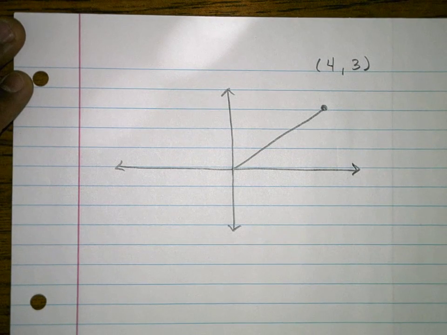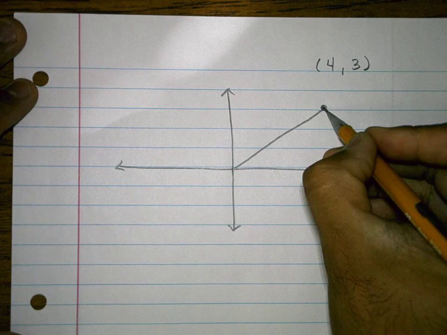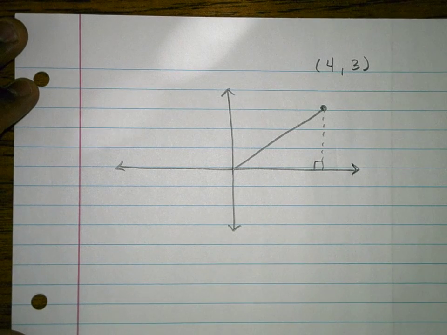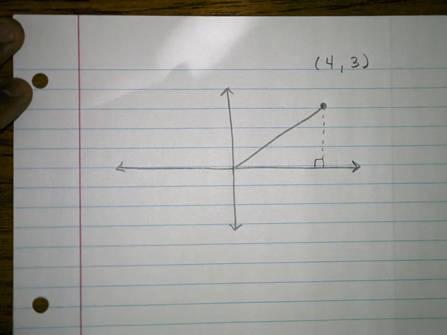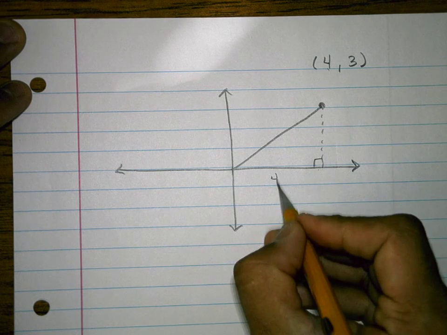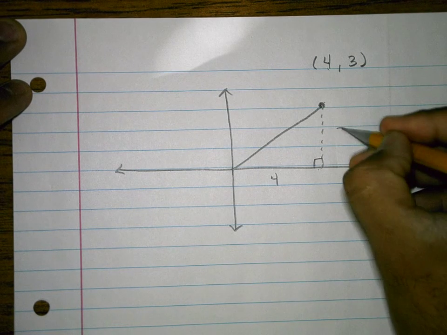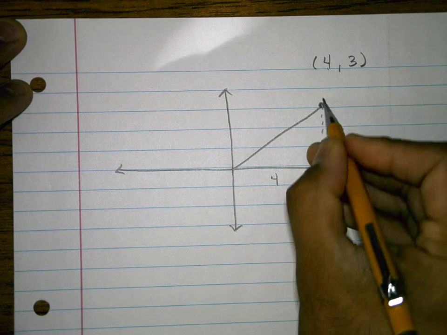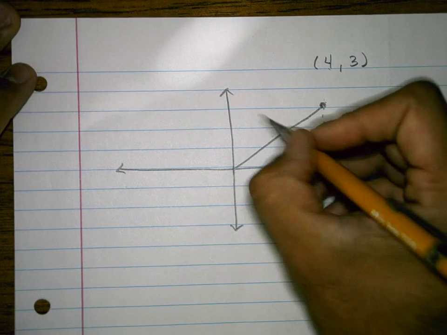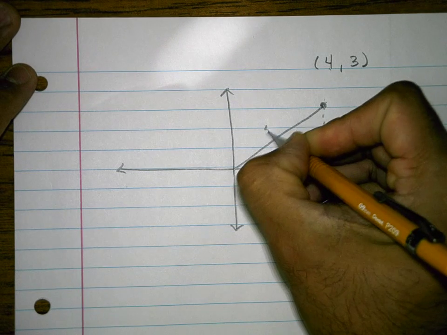Okay? So what that means is that's where this thing ends. Well, I know if I draw straight down, I would get myself a 90-degree angle. And I go, okay, well, the x value is 4, so from here to here is 4. And from here to here is 3, right? That's how I plot points. I count the x value and I count the y value, right? So I know two sides. Well, if I use Pythagorean theorem, I could figure out that this side is 5.